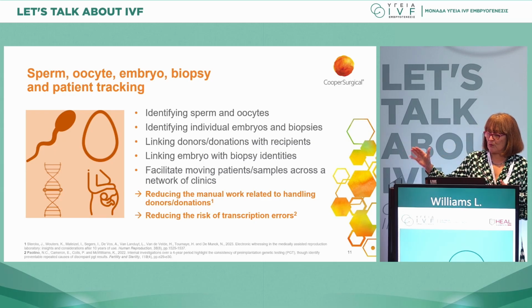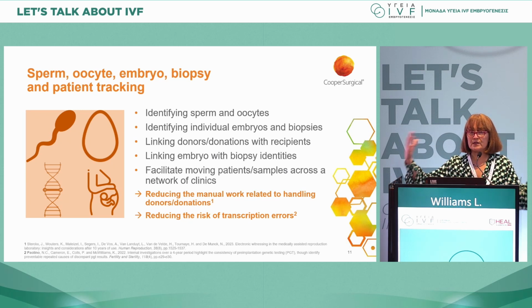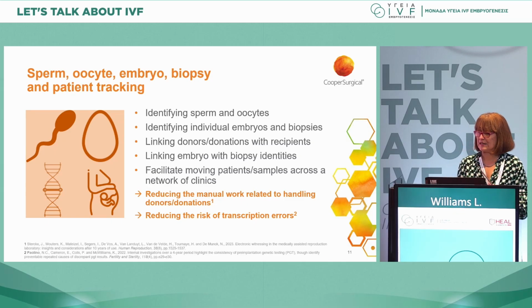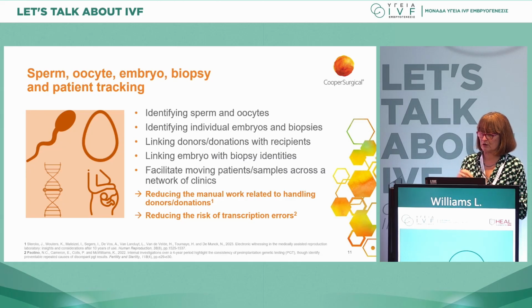It tracks each step within the lab and offers the ability to move samples from one lab to the other, as I've said before. And we're looking to increase this range of tracking in the future to give greater integrity in the chain of identity. And then in doing this, we will also help to reduce the manual work related to donors and donations, the risk of transcription errors.